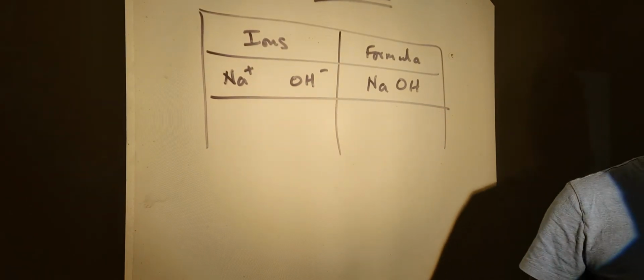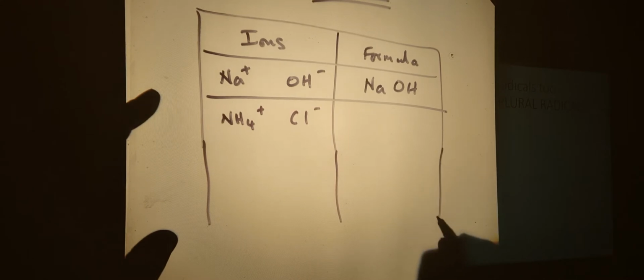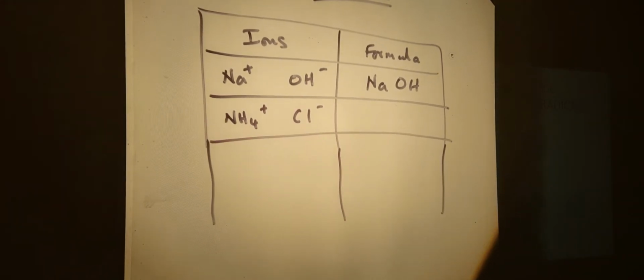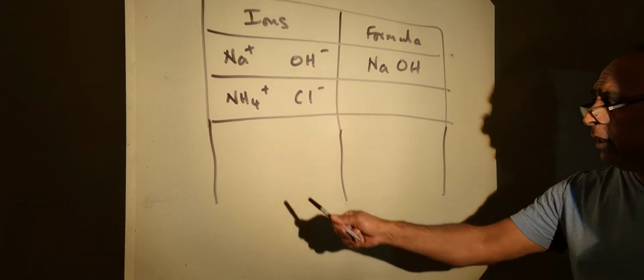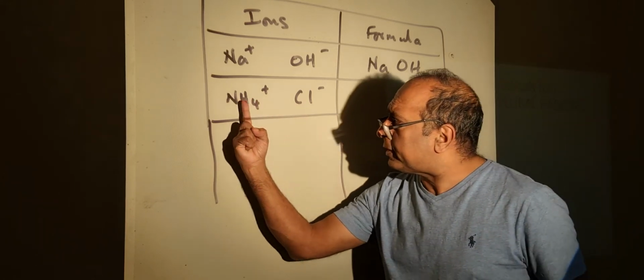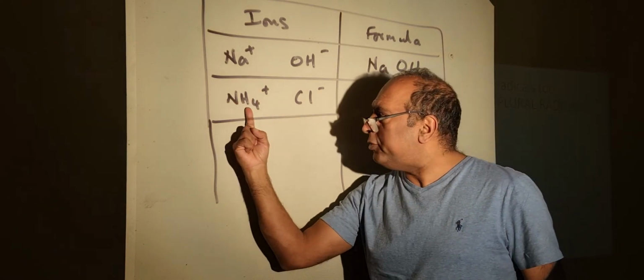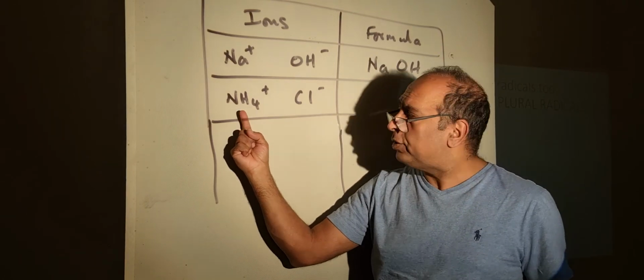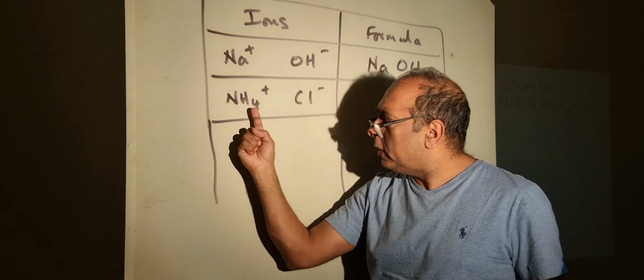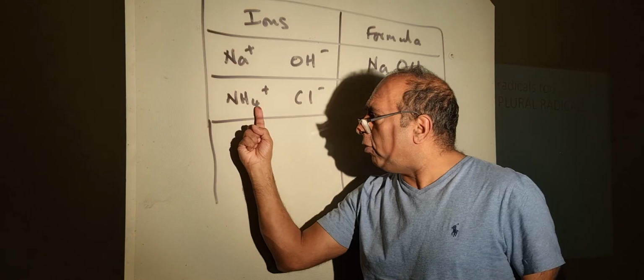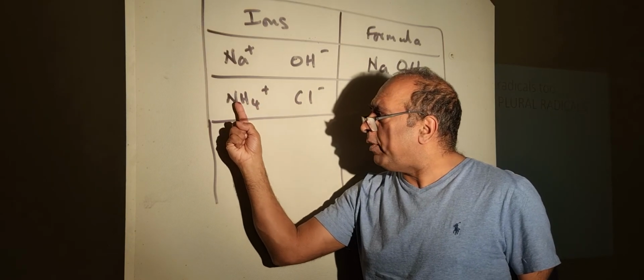Next one, ammonium chloride. Ammonium is that, chloride is that. Now, ammonium is the first of our radicals. It's a radical because nitrogen, capital N, hydrogen, capital H, in the ratio of 1 to 4, 4 hydrogens for every 1 nitrogen.